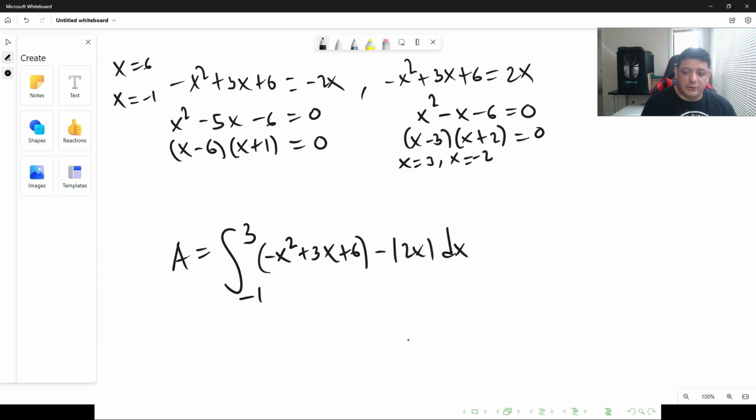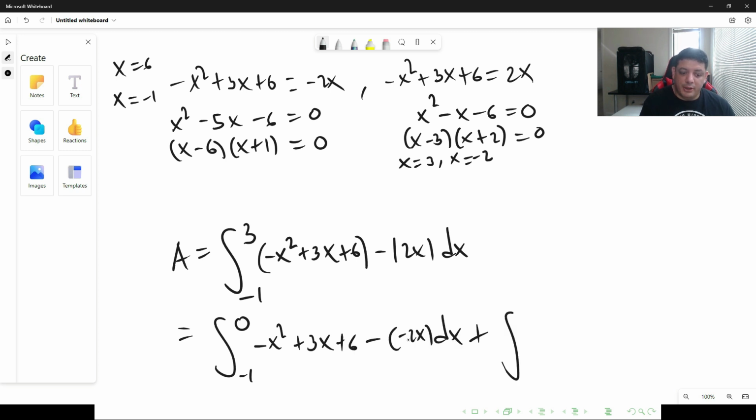So we have to solve this absolute value, and we have to split the integral from minus 1 to 0, in which case we have minus x squared plus 3x plus 6 minus minus 2x, plus the integral from 0 to 3 of minus x squared plus 3x plus 6 minus 2x. These two integrals are going to provide the solution for our area.